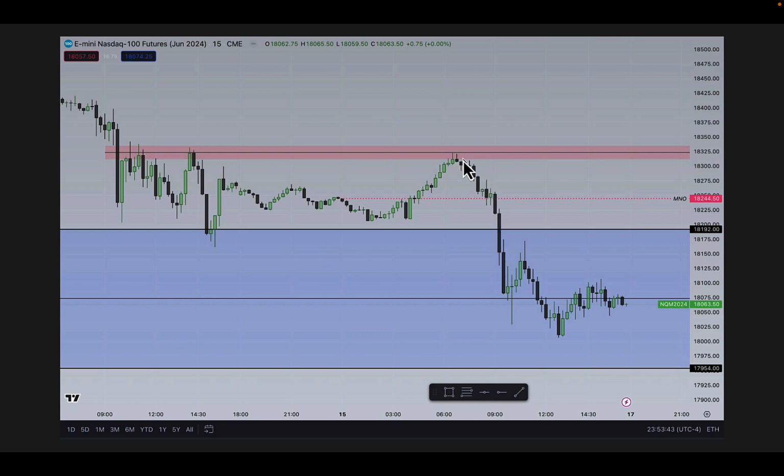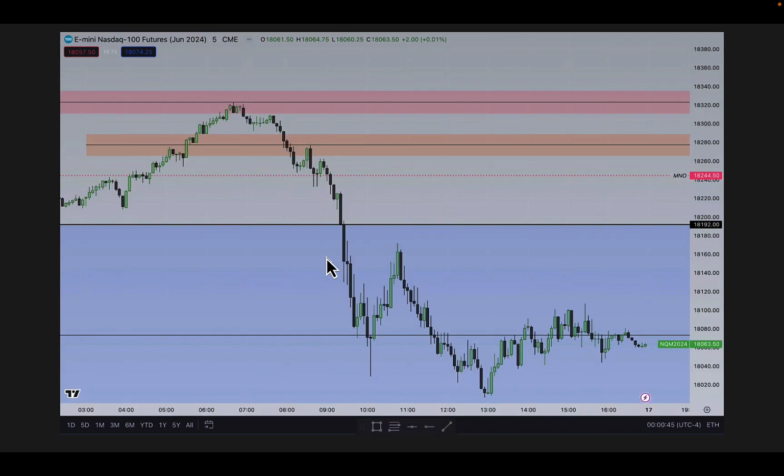And then of course we're looking to sell, hold our sell under the midnight open, into some kind of higher time frame inefficiency or sell side liquidity pool. That's what you're targeting.